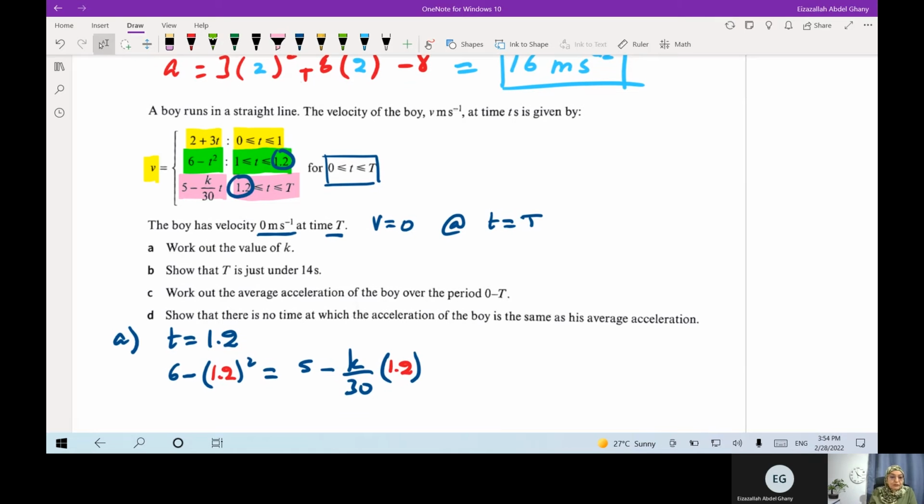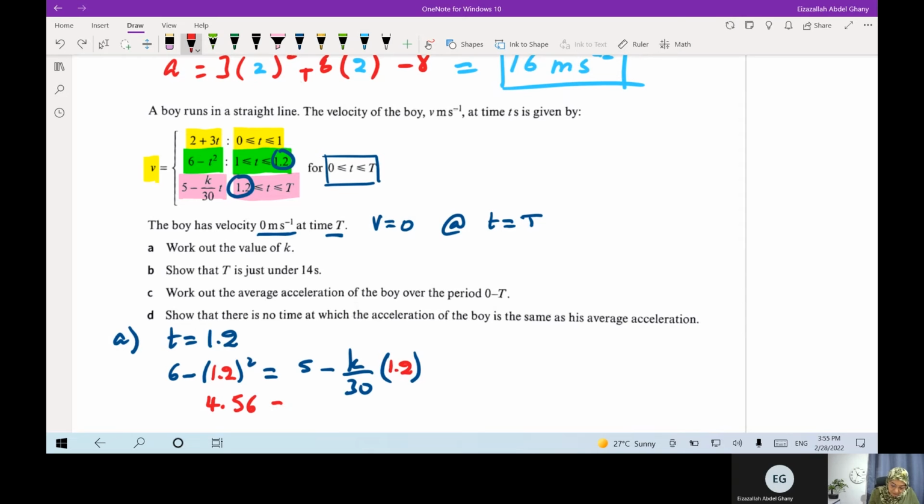Okay, so when you calculate it, you'll get directly how to find it out. 6 minus 1.2 squared is 114 over 25. Or if you want to write it as a decimal, it is an exact value, 4.56.